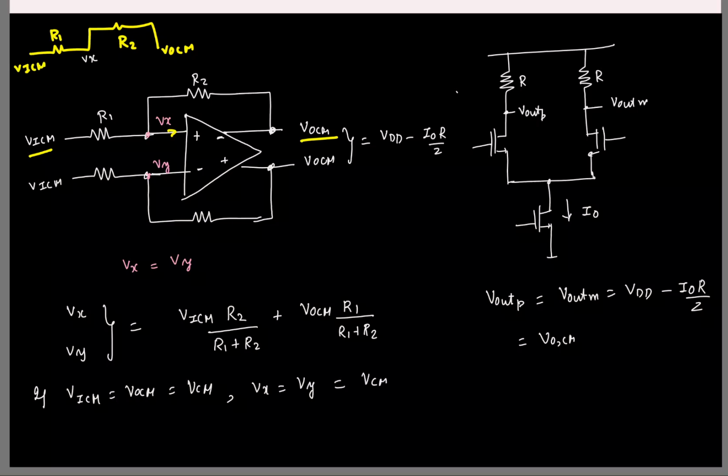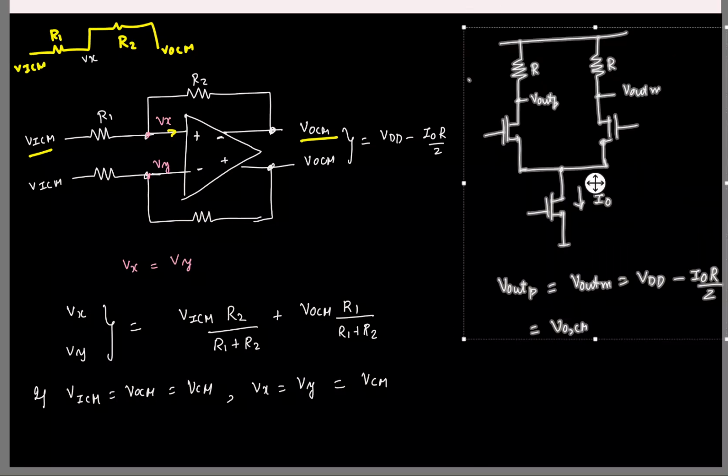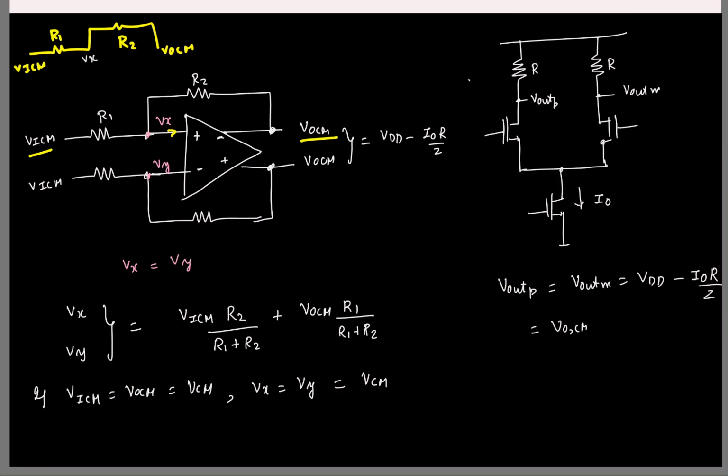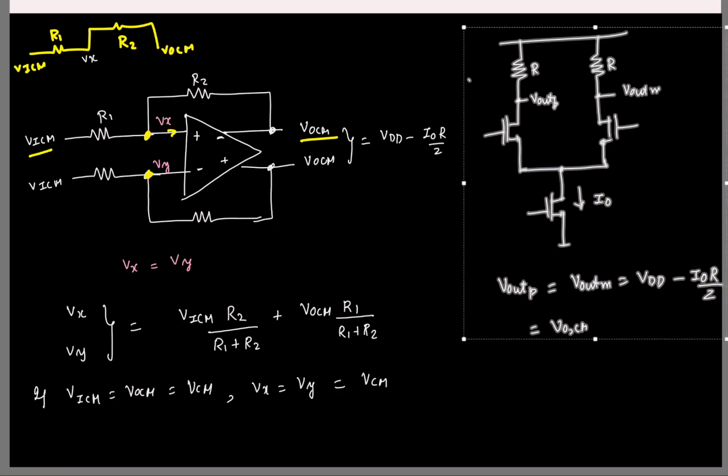It will be equal to the common mode voltage. Fine. So this is one crucial point that you will have to note: the absolute DC potential of the virtual ground is set by what here? What is setting this voltage? Input and output common mode voltage.